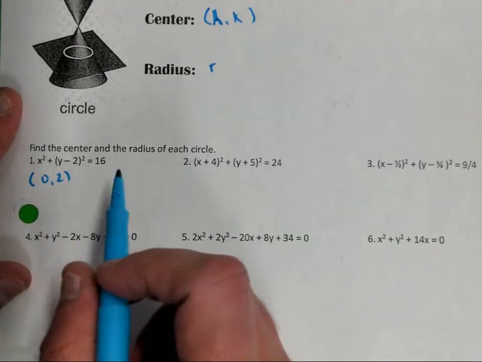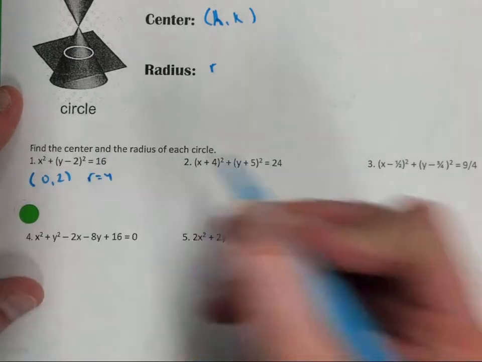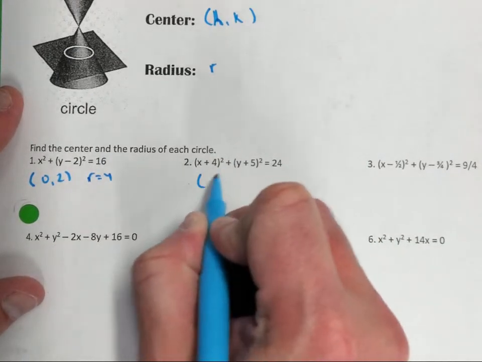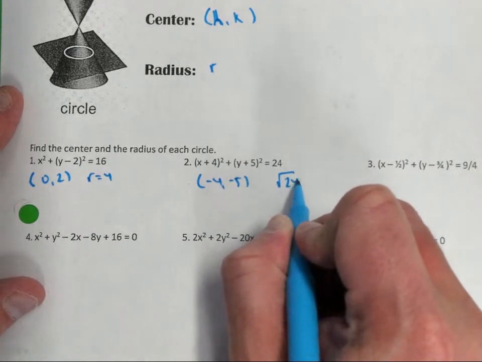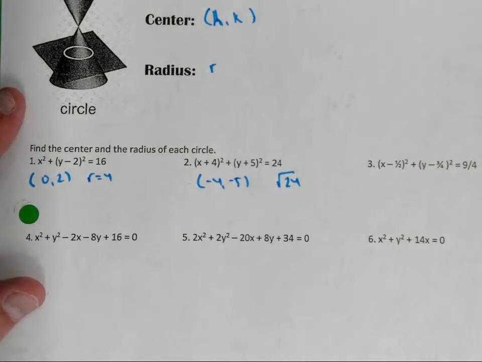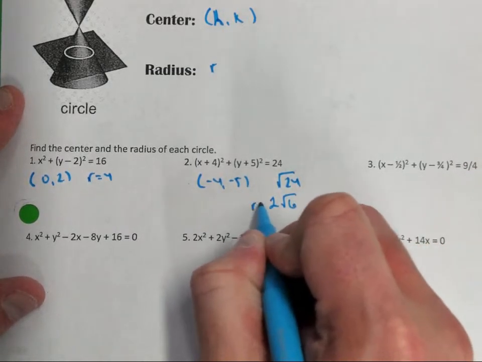The center is 0, 2. What would be your radius here? 4. What's your center here? Your radius would be what? Do you think you need to simplify square root of 24? Yes. What would that be? 2 root 6. Very good. So put r's here.